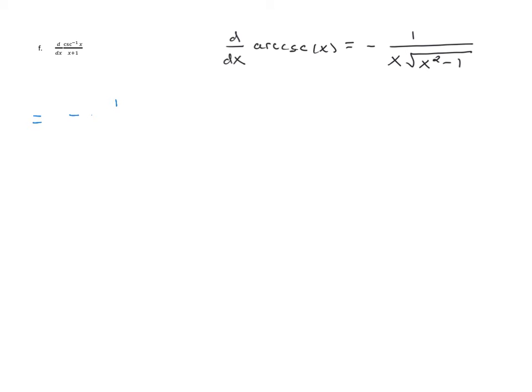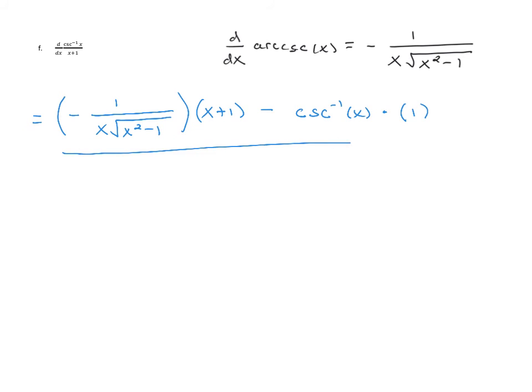That is negative 1 over x times the square root of x squared minus 1. Okay, I take this thing and I multiply it by the denominator, which is x plus 1. I then take the numerator and multiply it by the derivative of the denominator, which is 1. And this whole thing is divided by the denominator squared. Here's the answer.